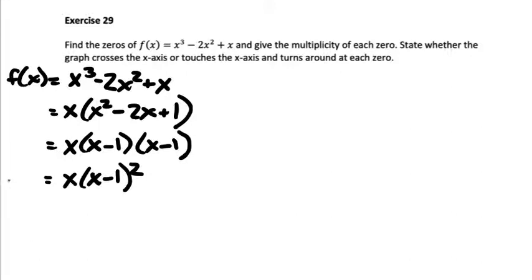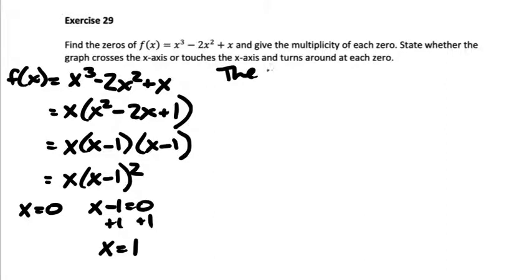So we're going to have one that's just x equals 0 from this x, and then the other one is x minus 1 equals 0. So that gives me x equals 1. So these zeros are 0 and 1. There are two zeros.